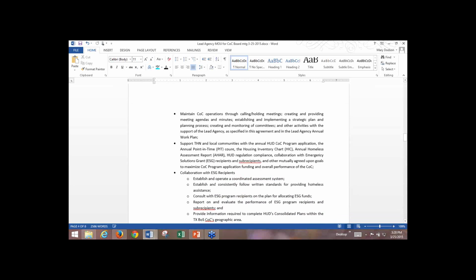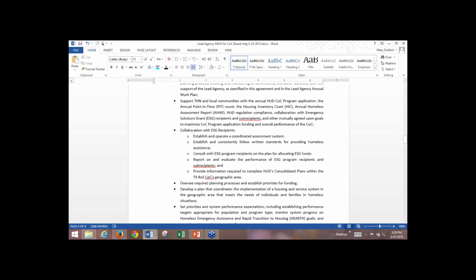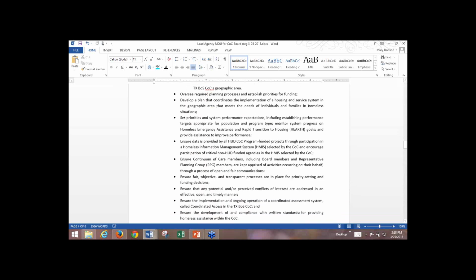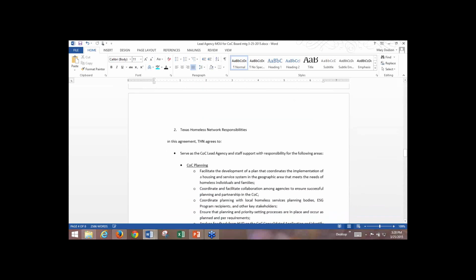Just, again, spelling out the nuts and bolts of what HUD requires from a COC and how the COC expects THN to fulfill those duties.